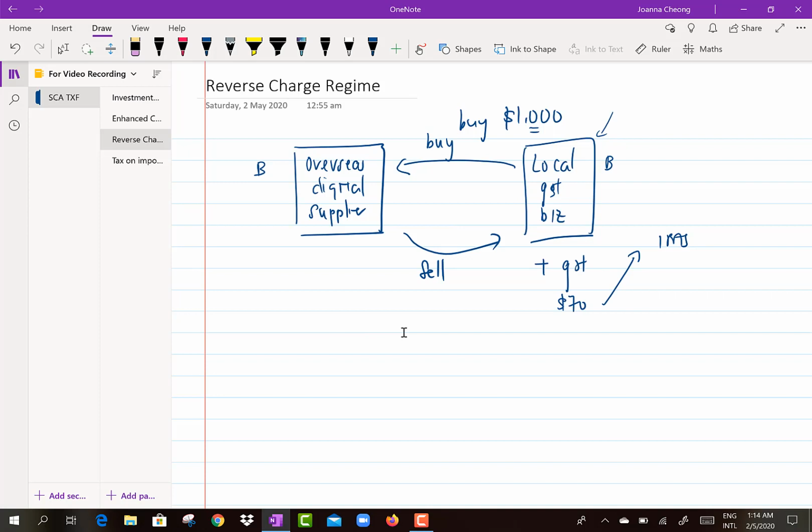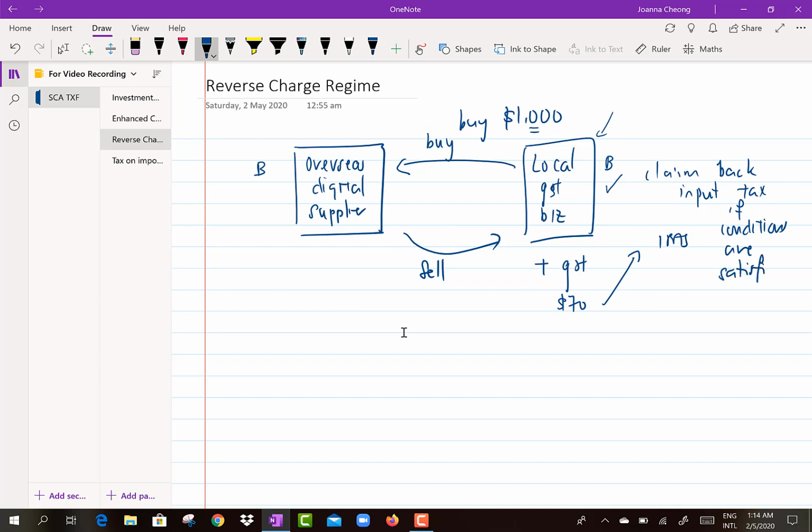But if conditions are fulfilled, this local GST business will be able to claim back the input tax of $70 in the event that all the conditions are met. Okay, so this is how it works.